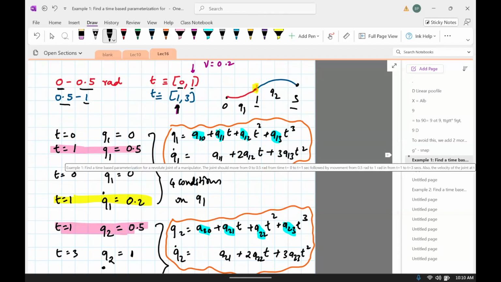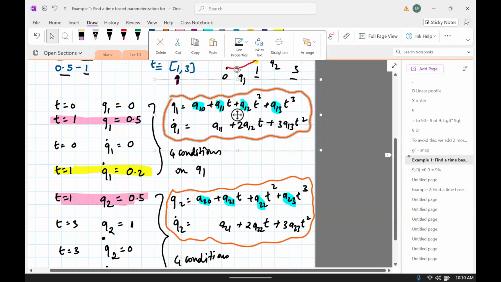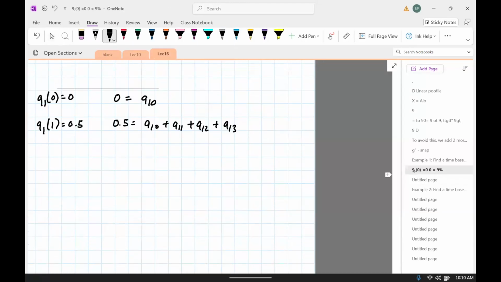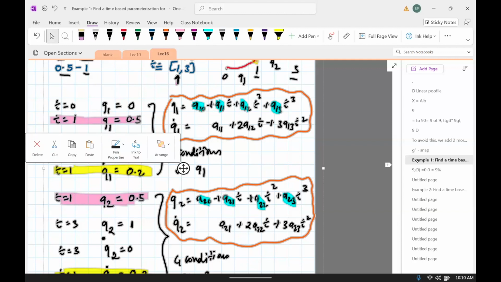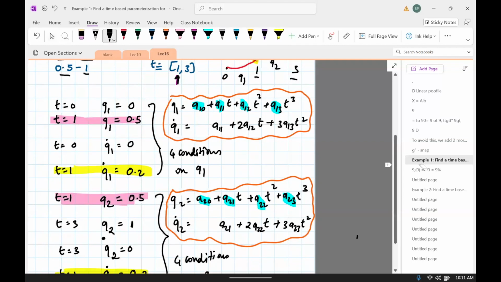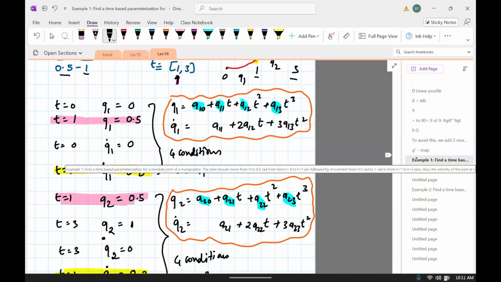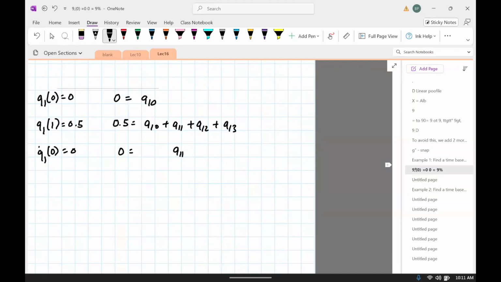Third, we now look at the velocity equation. So Q1 dot at 0 is 0. So 0 equals, I need to put zeros in the second equation, this one. That would be A11 and everything else is 0, right? I'm just trying to write it down in such a way that all the A11s are below each other. You'll see later on we need to pick those up and then write a big matrix.